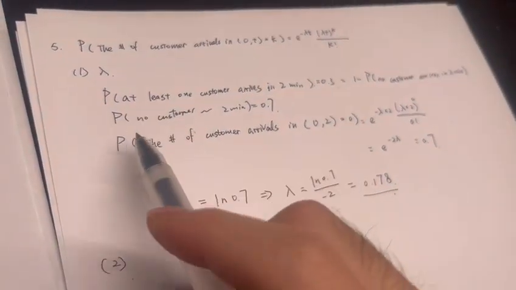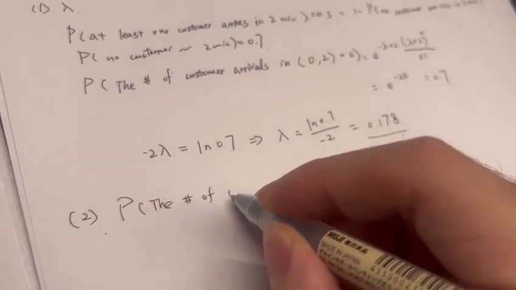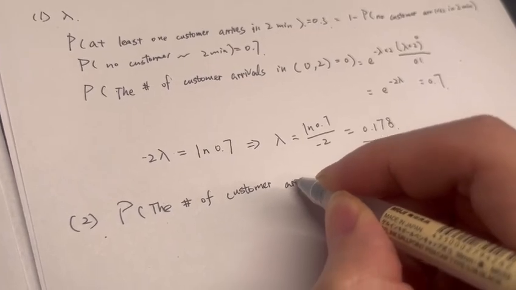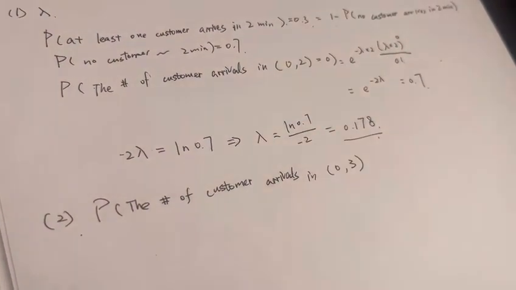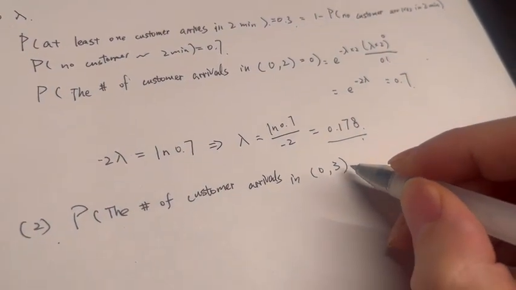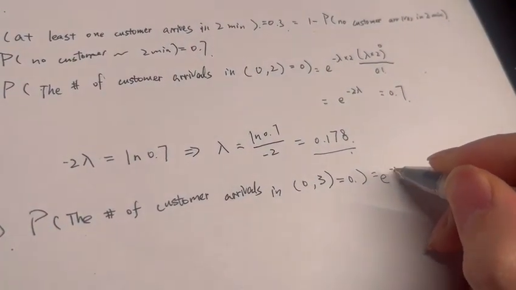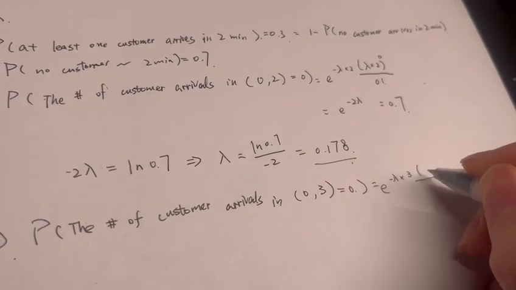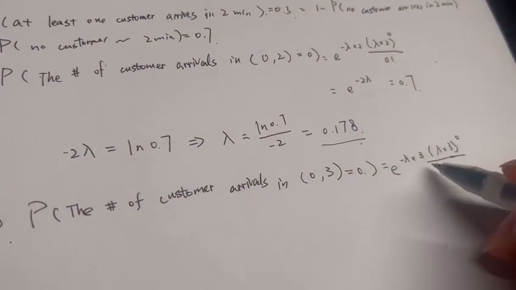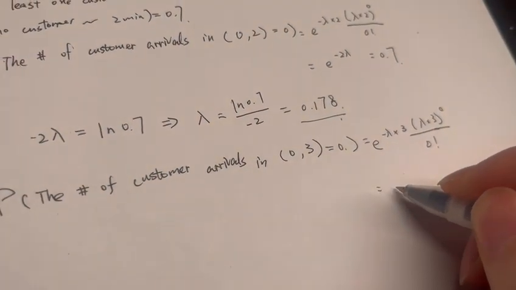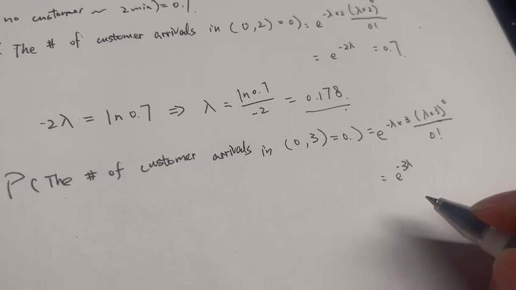We can write this as the probability that the number of customer arrivals in a time period from 0 to 3 minutes equals 0. It equals e to the power of negative 3 lambda, times lambda times 3 to the power of 0, divided by 0 factorial, and that part equals 1.